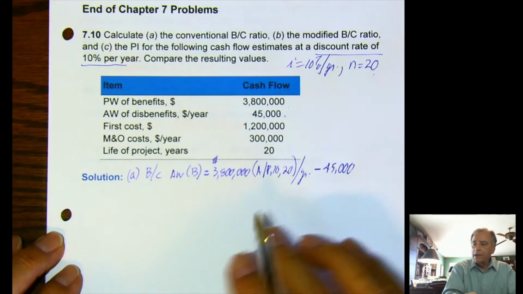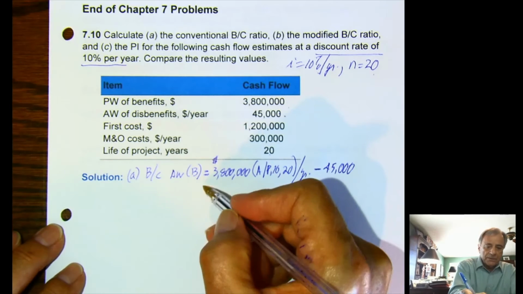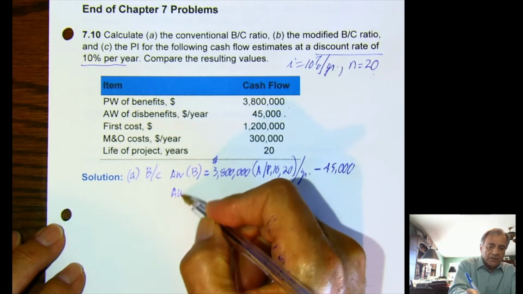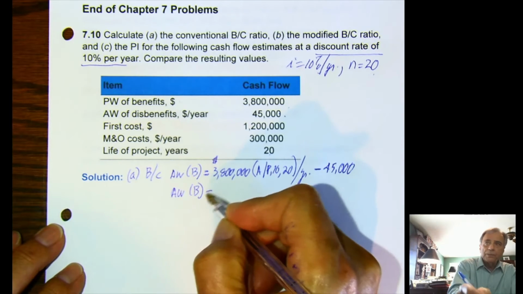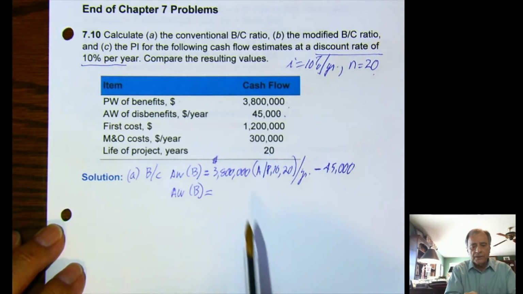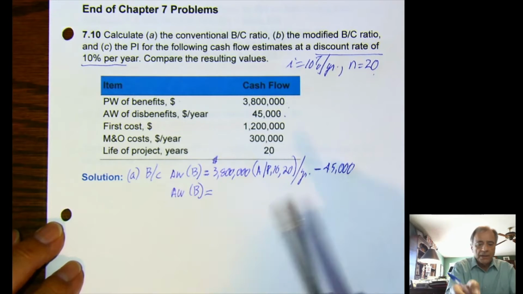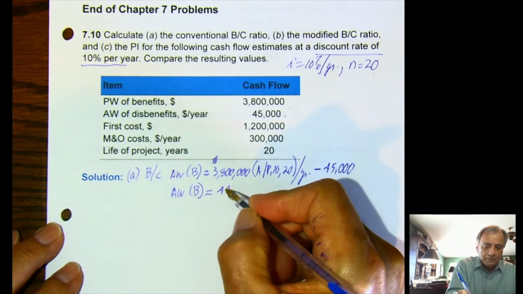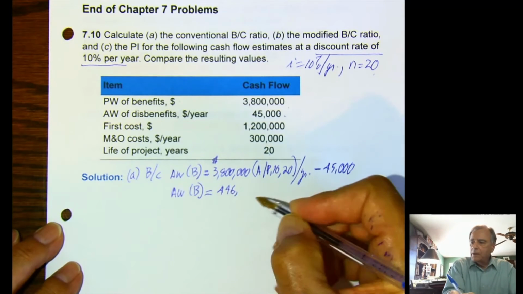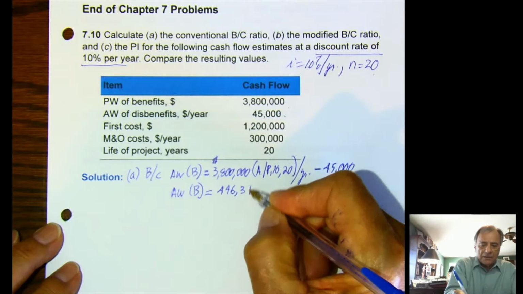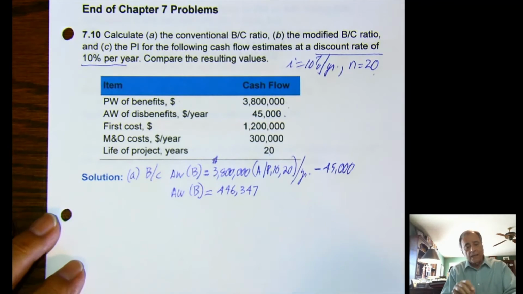And if I crank through this number, the annual worth of the benefits will be this times this, which turns out to be $446,347, and that was using the app.